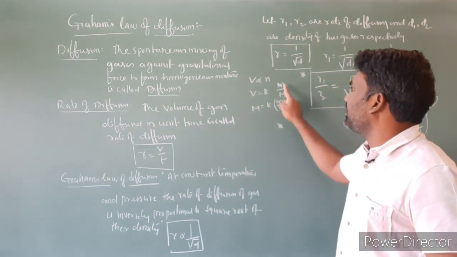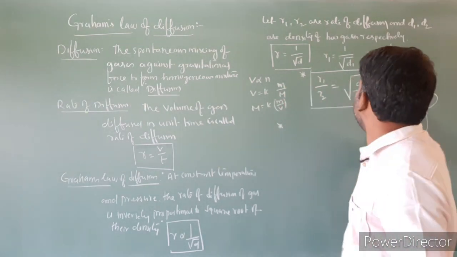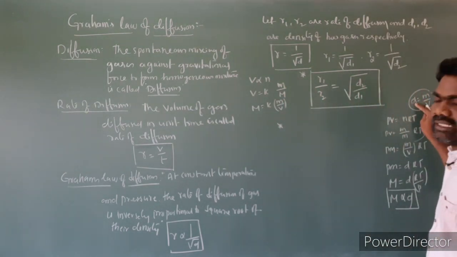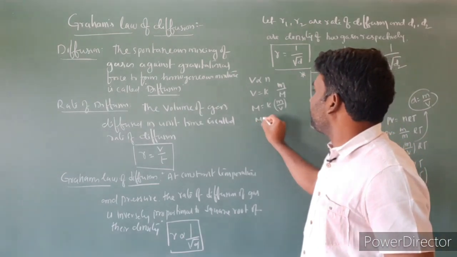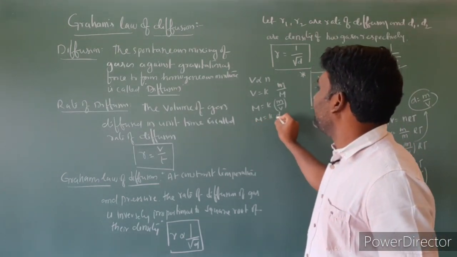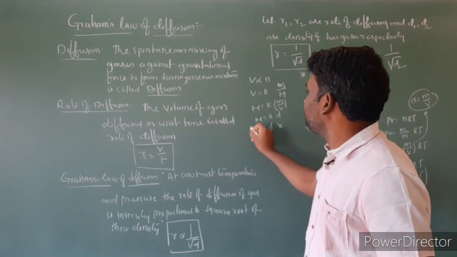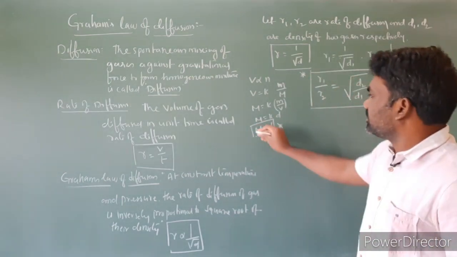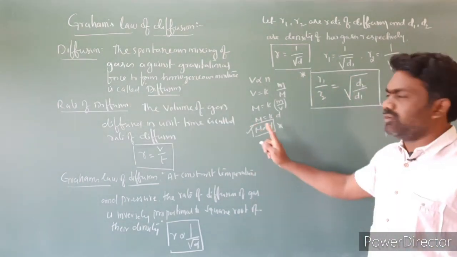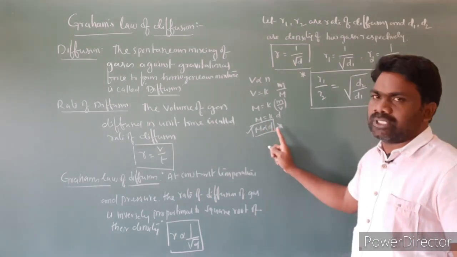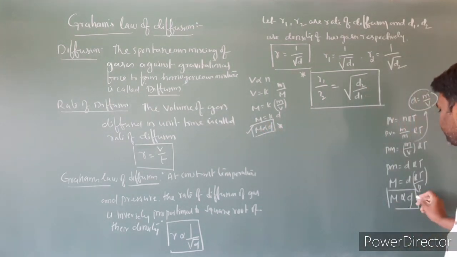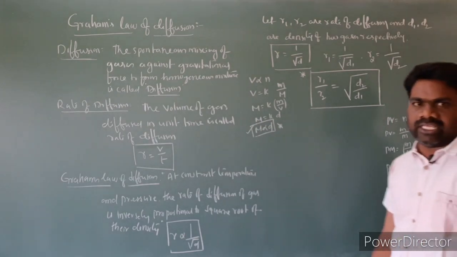So volume transpose here, M by V. M by V is nothing but mass by volume, nothing but density. Then M is equal to K into D. Here K is a constant. Then M is directly proportional to D. So this is from Avogadro's law: molar mass is directly proportional to density. Even by using the ideal gas equation also we can derive the same equation.